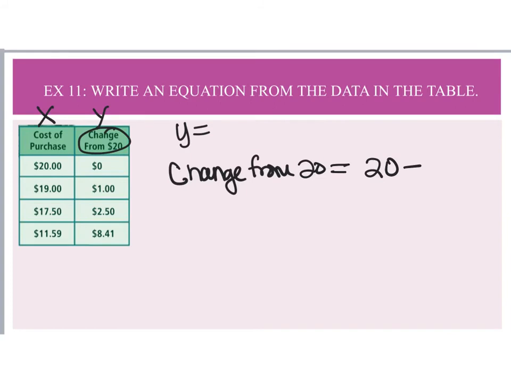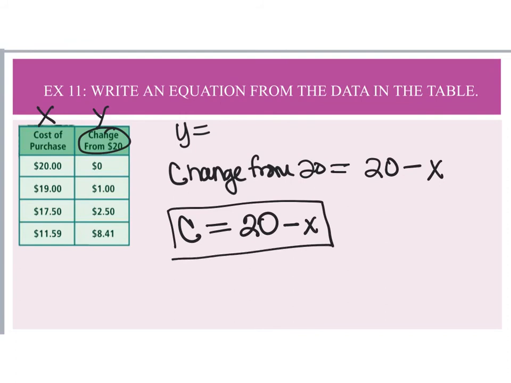So in this case, the cost of our purchase, let's just write that as x. So now if I want to simplify this down, I can say C for change is going to equal $20, because that's what I'm starting with, minus the cost of my purchase, which in this case we set as x. So this right here is my equation then.